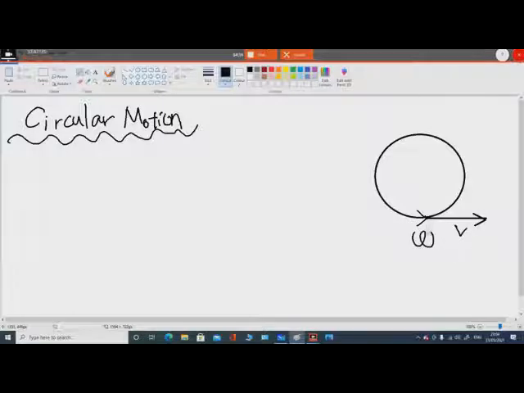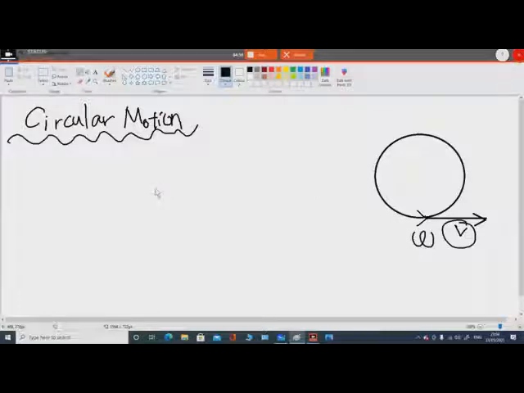This v is a linear motion and is always tangent to our circular track. So you have to remember that while we are moving in this circle, we have angular velocity and at the same time we also have the linear velocity.